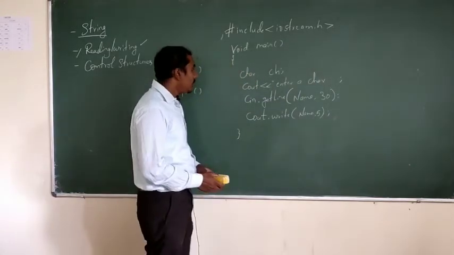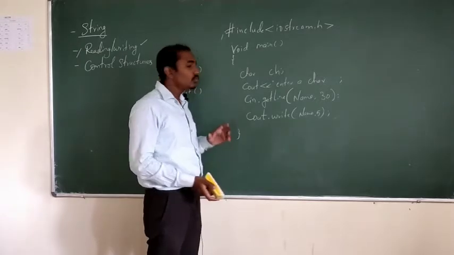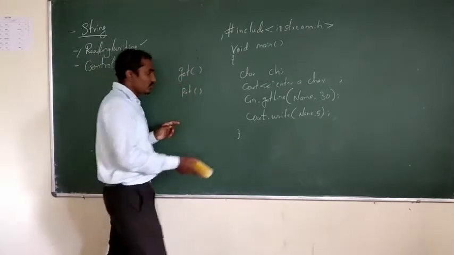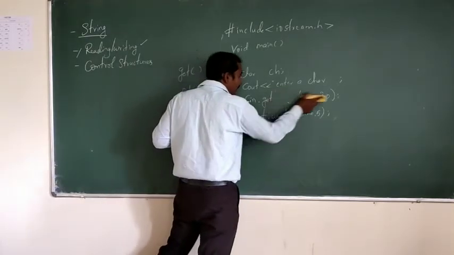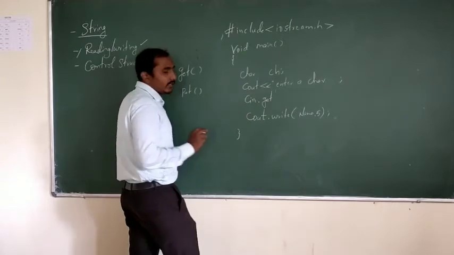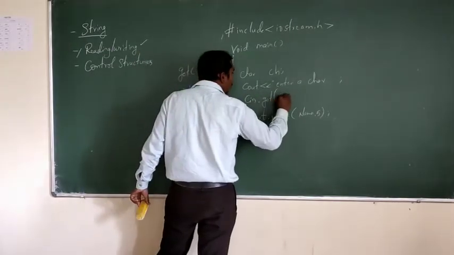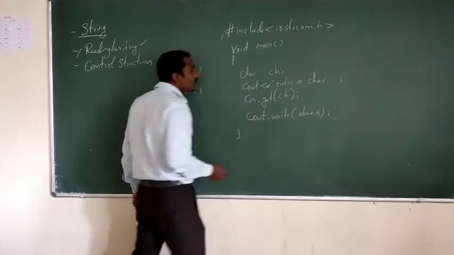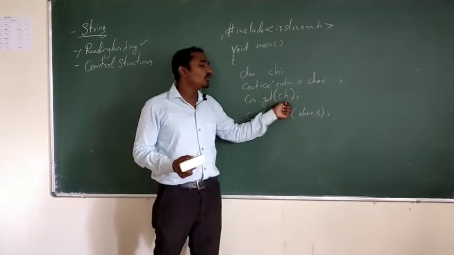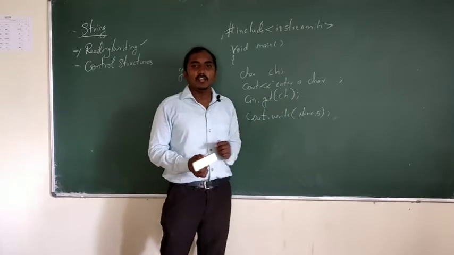After that I need to read that particular input. So to read it, what will I be using? The get function. Instead of getline I will be using the function name get. So I can write it like this: whatever input has been taken will be stored into the parameter called ch.